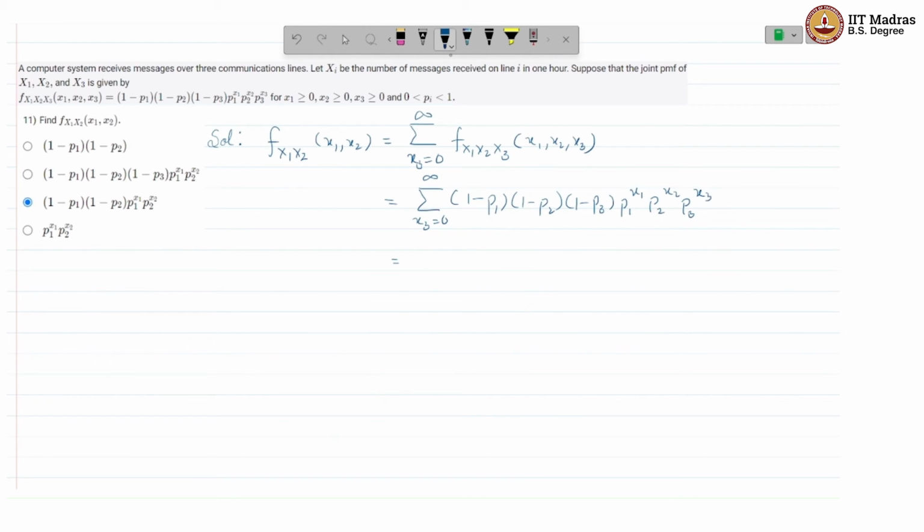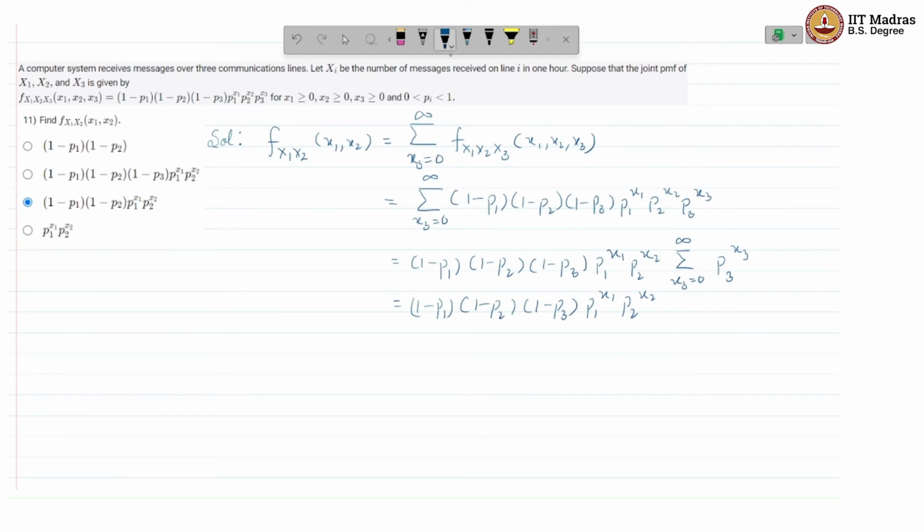So this will be equal to (1 minus p1)(1 minus p2)(1 minus p3) p1 raised to the power x1, p2 raised to the power x2, summation x3 from 0 to infinity, p3 raised to the power x3.